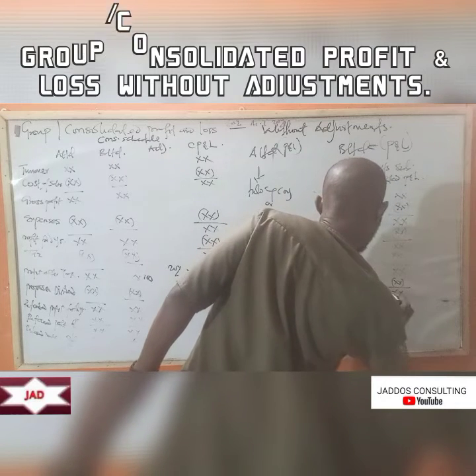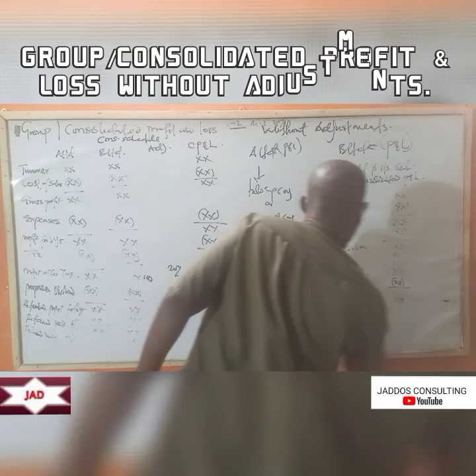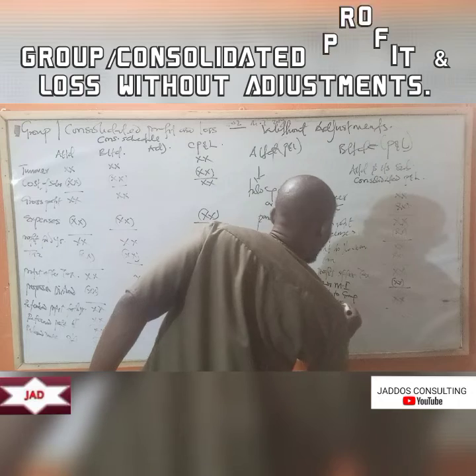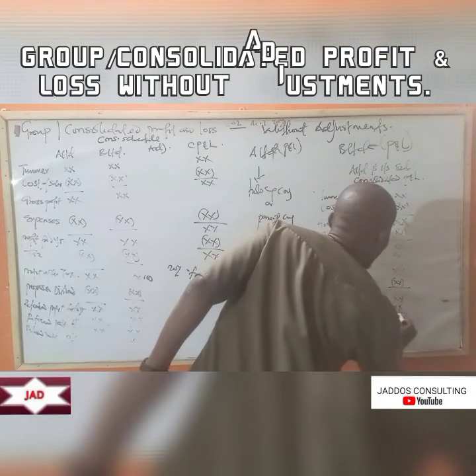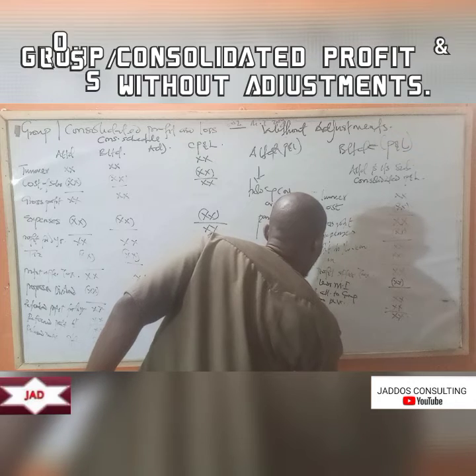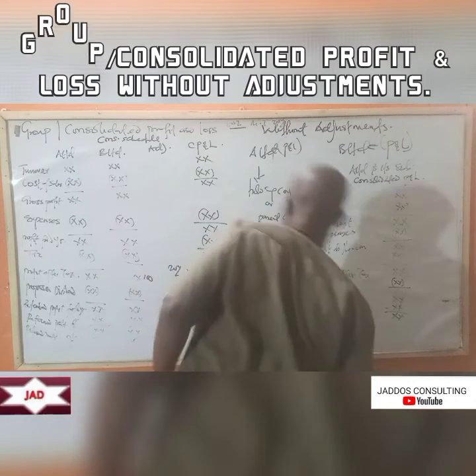When you less minority interest, this is what you have. This one here is the profit and loss. Then use your proposed dividend. You have this. So this is what you're retaining for the year from the group perspective, right?